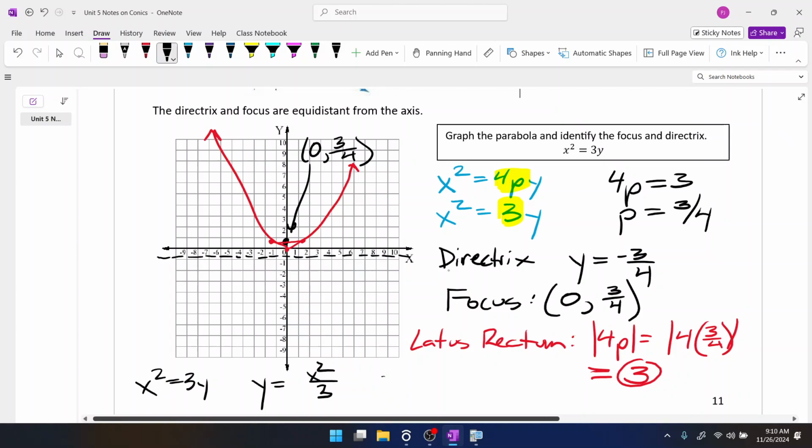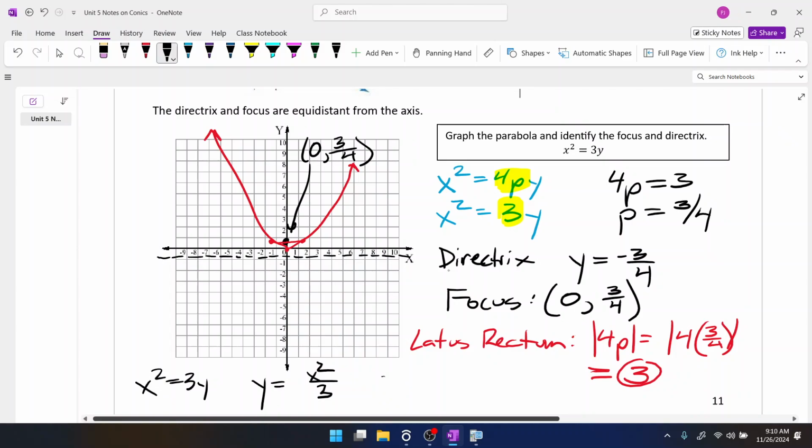Basically the focus is going to be at 0, 3/4, and the directrix is going to be the line y equals the additive inverse of that, -3/4. So the directrix is a line here, and it's going to be parallel to your latus rectum. All right, any other questions on this?